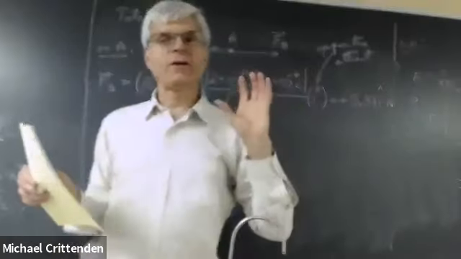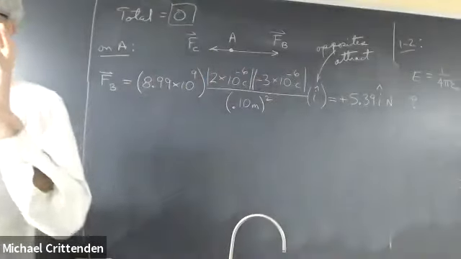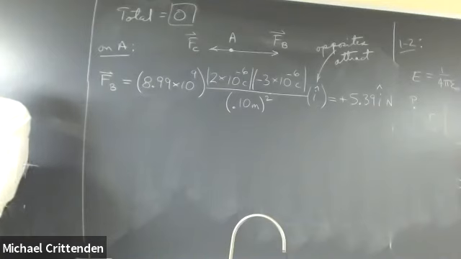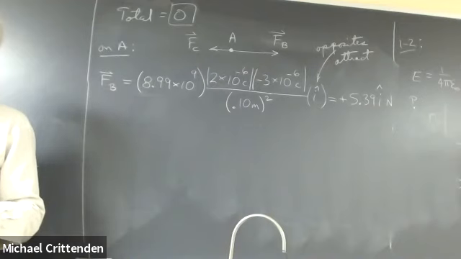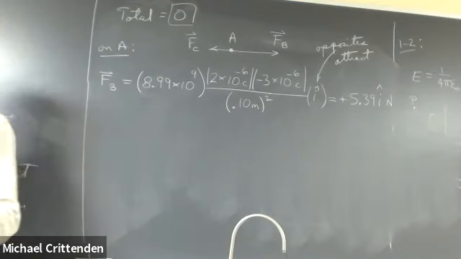This is why I say it's best to consider the magnitude and direction as two separate questions. Figure out a positive number. How many newtons do you have for the force? Once you've got that written down in front of you, then stick a direction on it by asking yourself, is it attracted or is it repelled?